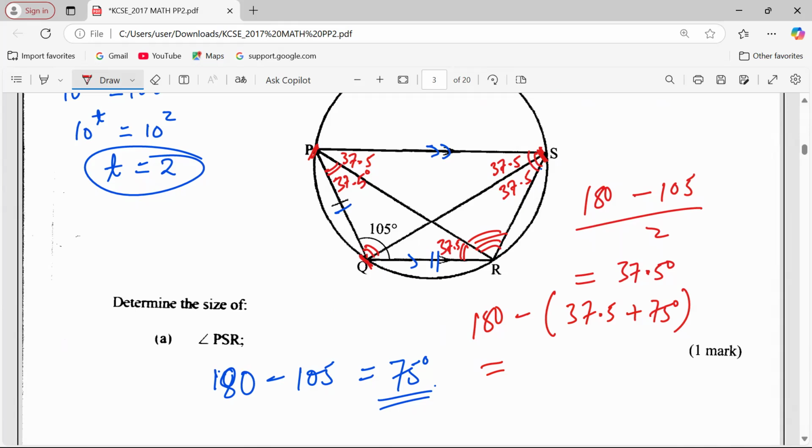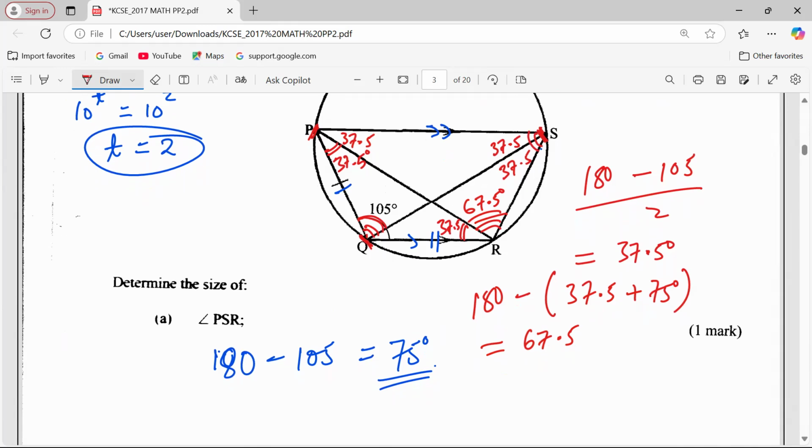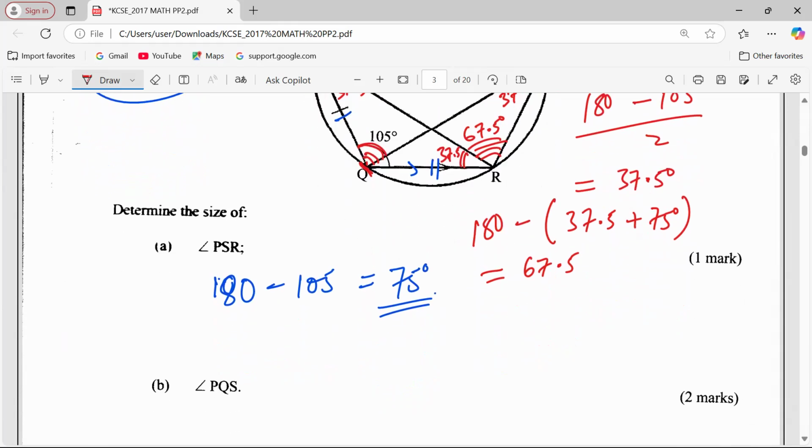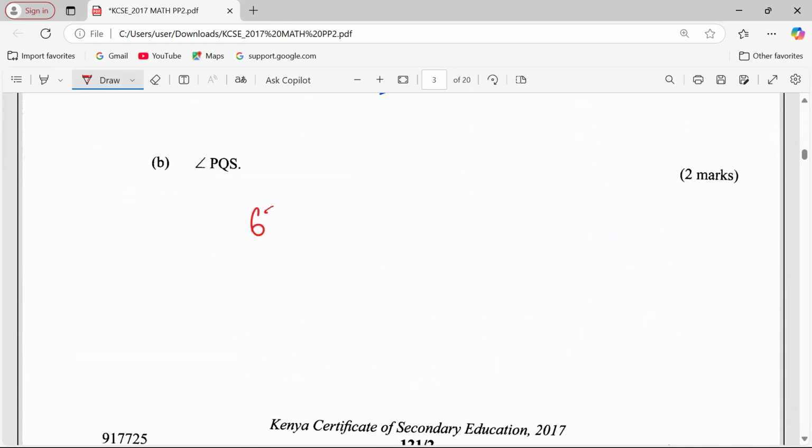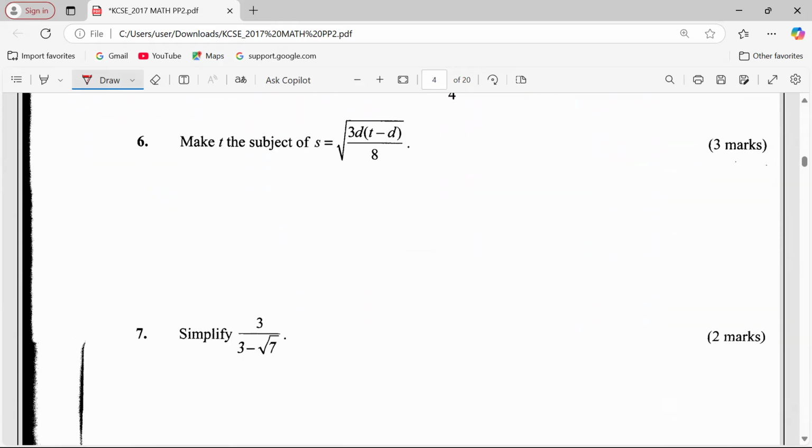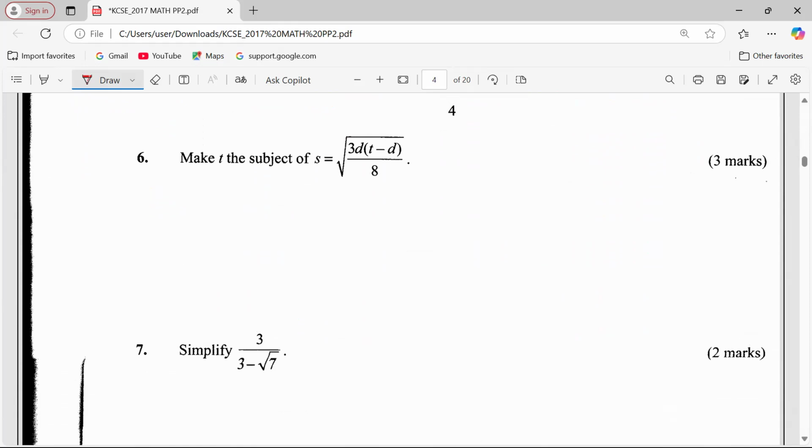This gives us 67.5. Now that this is 67.5, and the angle at this point, together with the one we have found, are subtended by the same chord, then it will also be 67.5. So this is also 67.5 degrees that way.